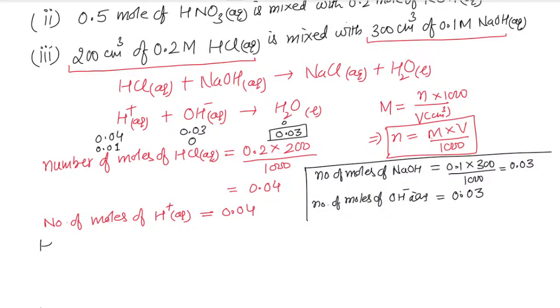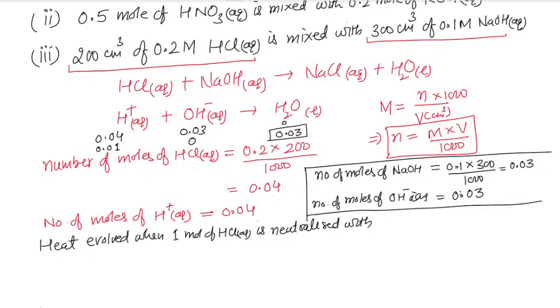So heat evolved when 1 mole of HCl is neutralized with 1 mole of sodium hydroxide aqueous is equal to 57.1 kilojoule.